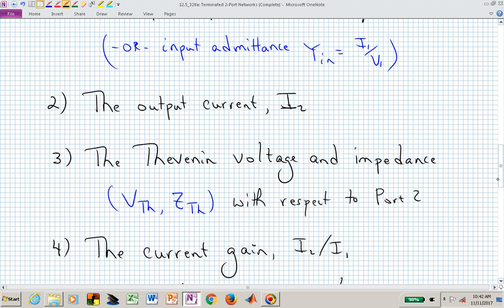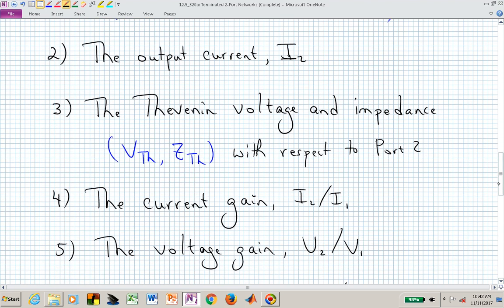You might want to know what kind of current gain do I have? What's this ratio of I sub 2 to I sub 1? And then you can have different voltage gains.